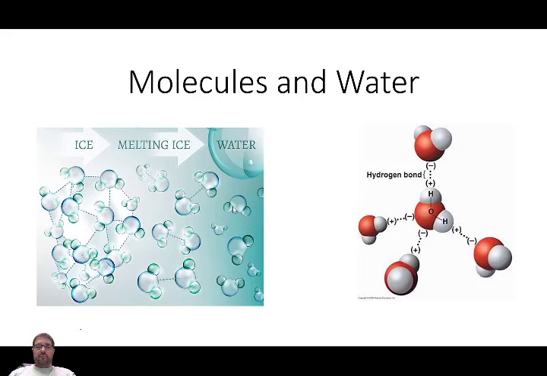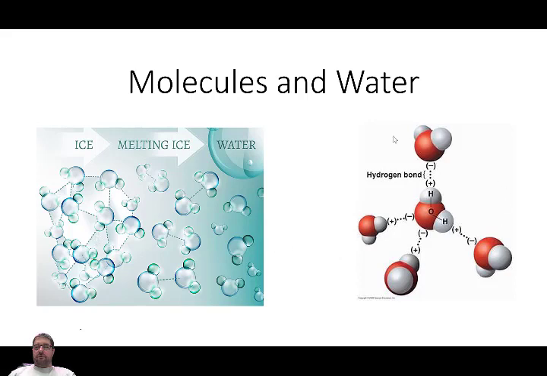You can see that the liquid molecules are more tightly packed together. They're randomly spaced and they're higher in density, especially at 4 degrees Celsius. So that's one of the neat and unique properties of water: ice floats.